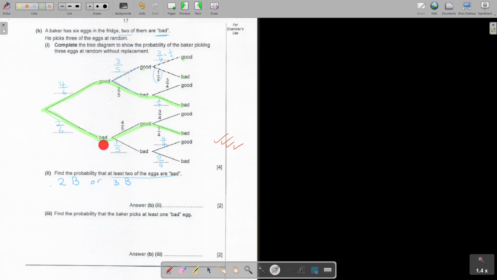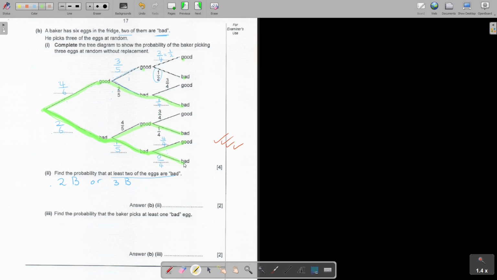Bad, bad, good. You're also going to work. So bad, bad, because there's 2. And then the last one, that's bad, bad, bad. So it means either 2 or 3. At least means either 2 or 3, not 1. So it means then this one will be bad, bad, bad.